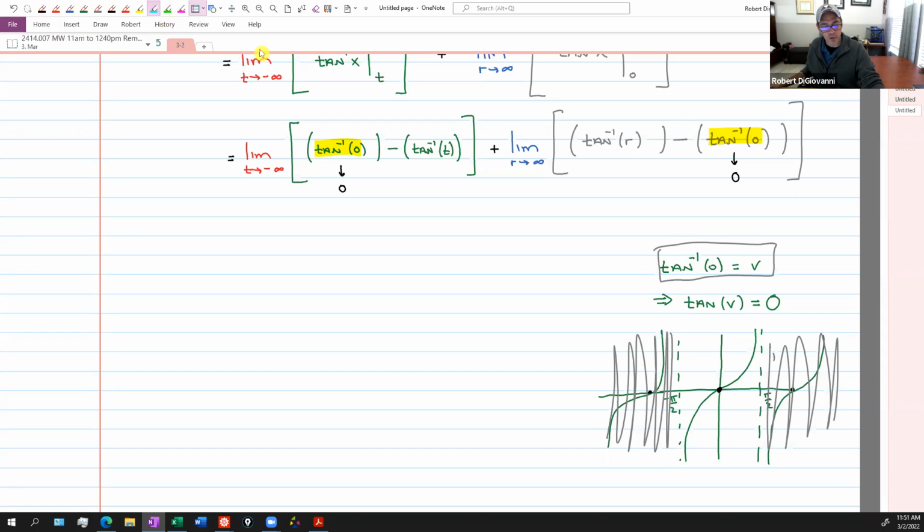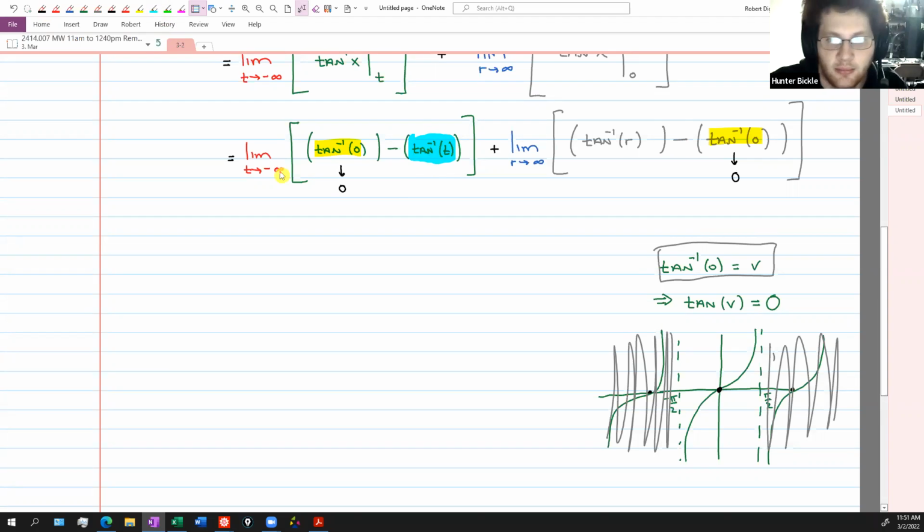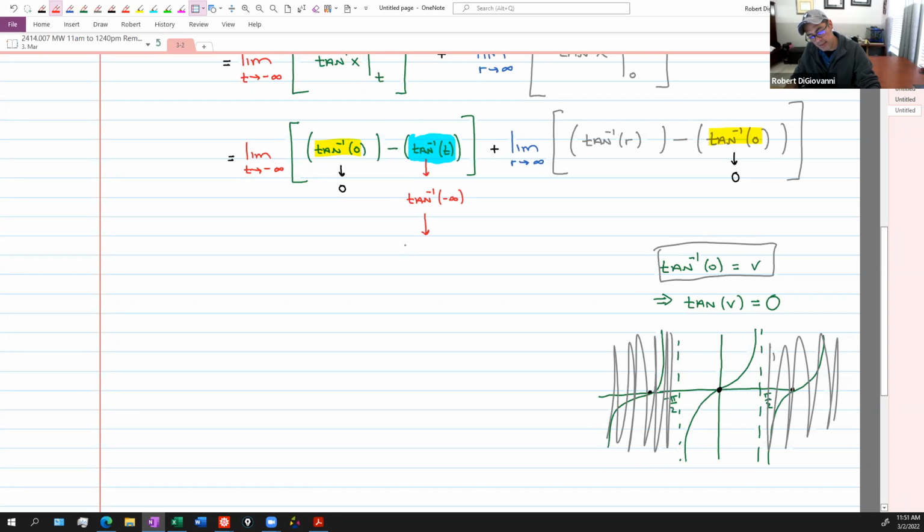Now let me look at this blue one. Inverse tangent of t, but t is headed where? Negative infinity. So this is really saying inverse tangent of negative infinity. This is a weird idea, but what it really means is that tangent of some value v is negative infinity.